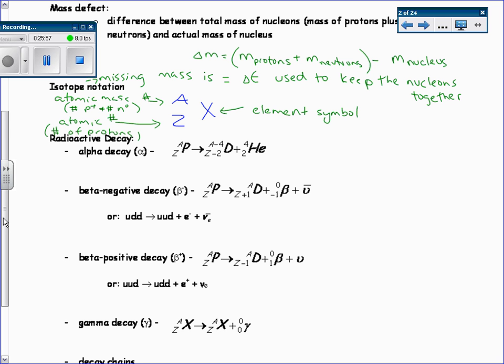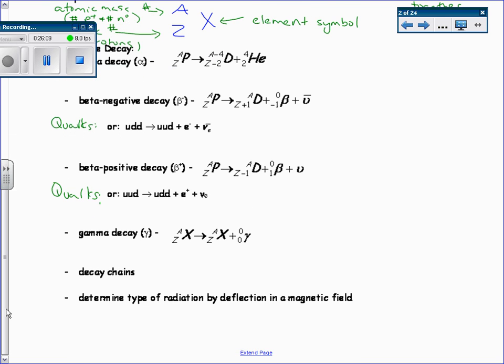So this is with quarks. And then gamma is just a gamma photon, and it has no impact. If it occurs on its own, it has no impact on the atomic mass or the atomic mass numbers. But usually that gamma happens with one of those three types of decay.